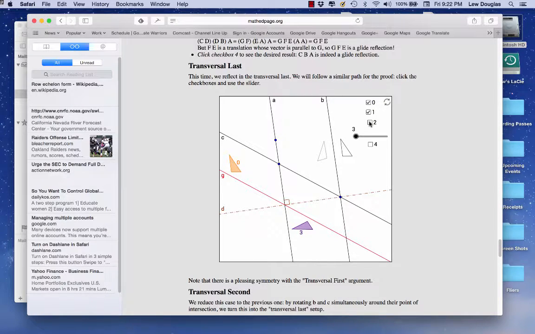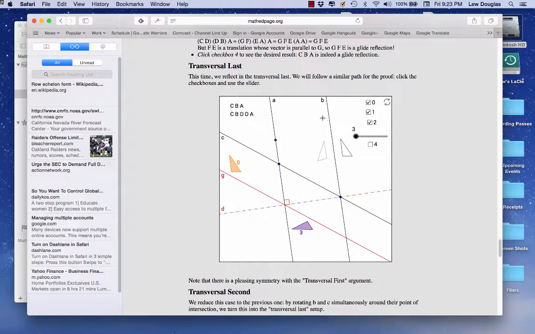This shows you the algebraic trick that's involved. Remember, we go from right to left. This is reflection in A, followed by reflection in B, followed by reflection in C. And we insert between the first two a double reflection in D, which we couldn't have done without drawing that line.